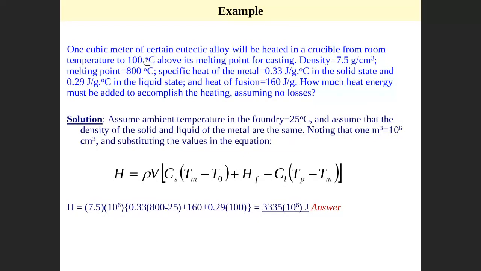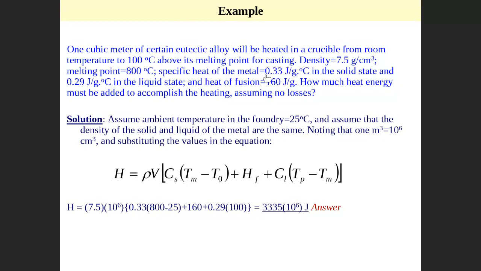This is the boiling temperature here; we can understand that the boiling temperature is 100 degrees above the melting temperature for casting. The density of this material is 7.5 gram per cubic centimeter. The melting point is 800 degrees Celsius, meaning the boiling temperature is 100 degrees above the melting temperature. The specific heat is 0.33 joule per gram.